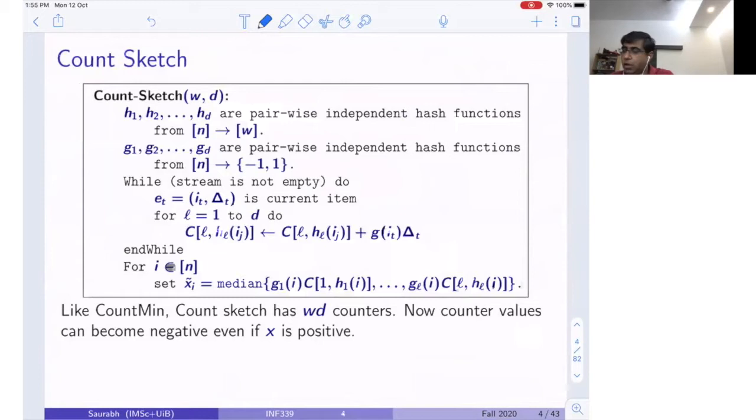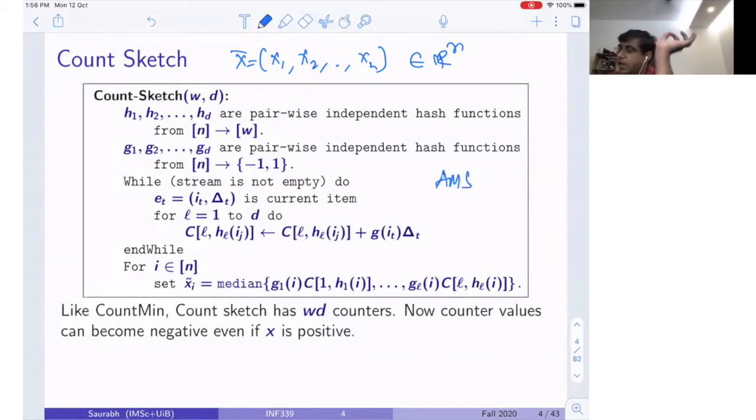Count sketch was slightly different. It is one of the most generic sketches, and it works for x bar = (x1, ..., xn) in R^n, where updates could be positive or negative, and it doesn't matter if the end result is negative. It was inspired by the AMS sketch.